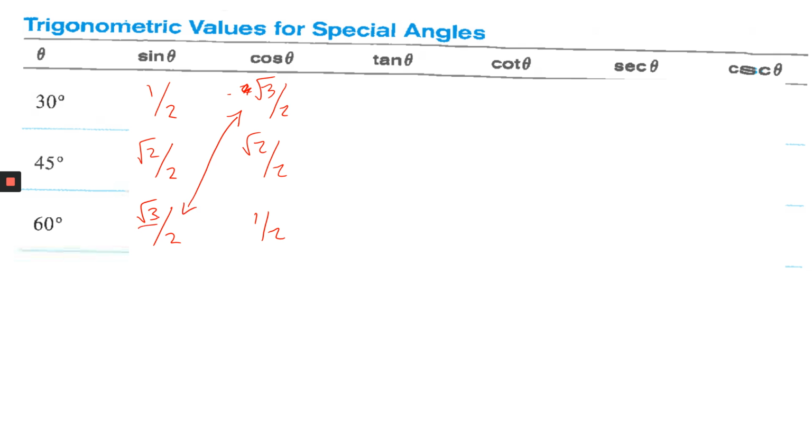All right, let's divide this. Tangent is sine divided by cosine, so this will be rad 3. This will be 1, and this is our 1 over rad 3, which is rad 3 over 3. And then we can finish this up for cotangent, secant, and cosecant by flipping this around as well. So we can take the rad 3 up here, and leave the 1 in the middle, and bring the rad 3 over 3 to the bottom. Secant is the flip of cosine, so 2 over rad 3, which is 2 rad 3 over 3.